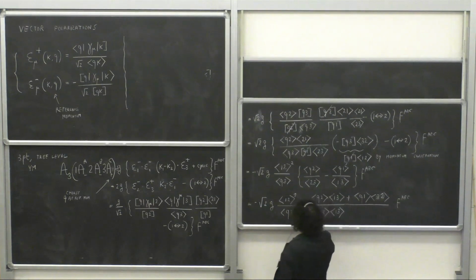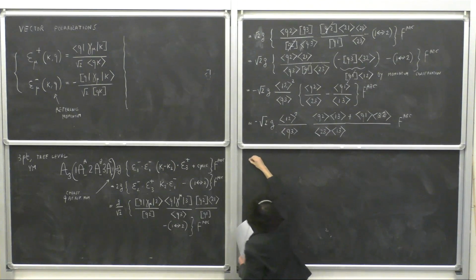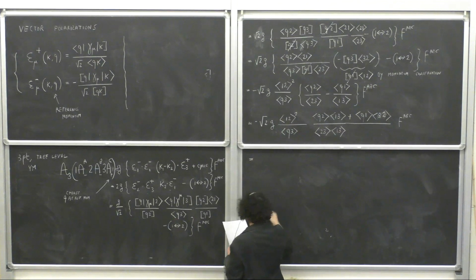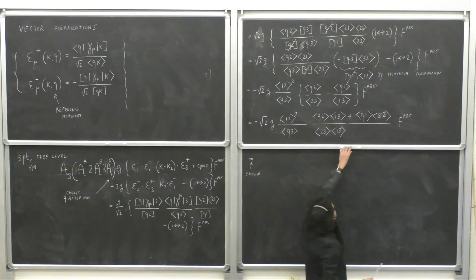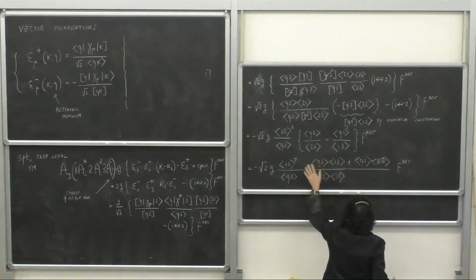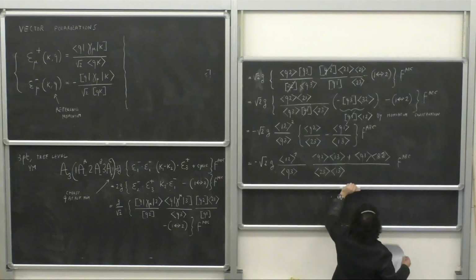Now I use the last ingredient, the Schouten identity, which I claimed before is useful. So what is the Schouten identity? That the sum of this term with everything obtained by, say, keeping Q fixed and cyclic permutation of the other indices is equal to 0.